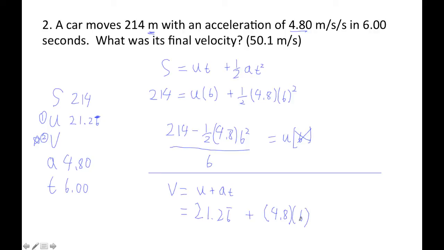Okay, so plus 4.8 times 6. I get 50.06666 bar, like that, right? And that's meters per second. If you round that just right, that's going to be 50.1 meters per second.